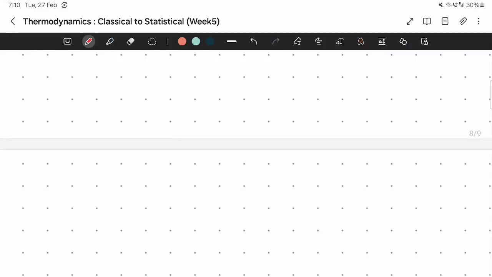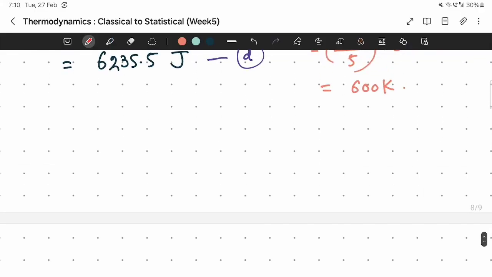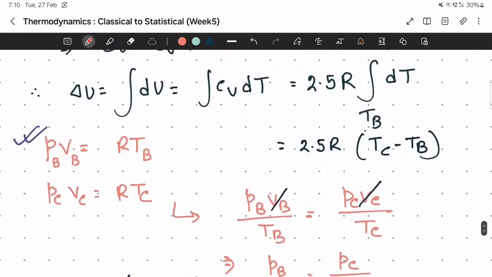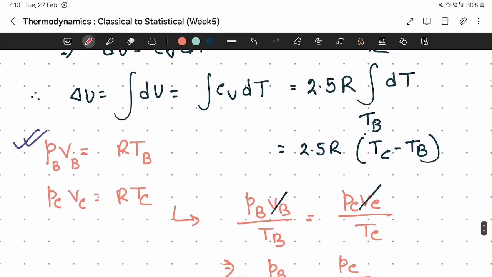Now is it visible? Still, it is fluctuating.